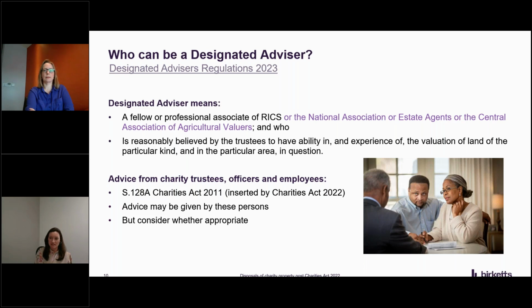So although it can be a way of saving cost if it's appropriate in the circumstances not to have a full designated advisor's report, you also need to think about whether by doing that you are getting the best advice possible for the charity. So just something to think about there.